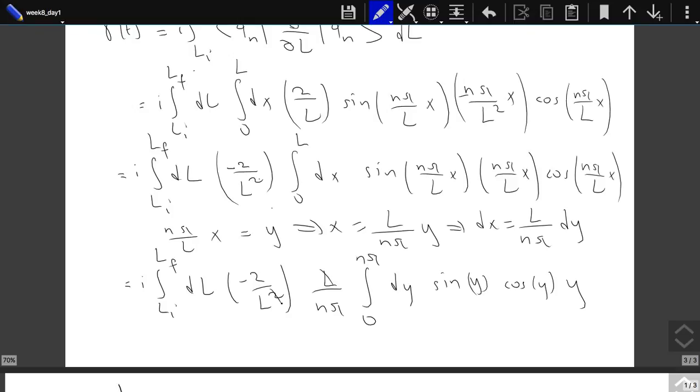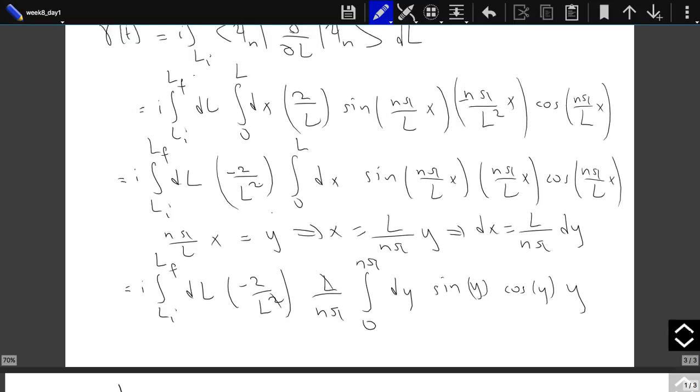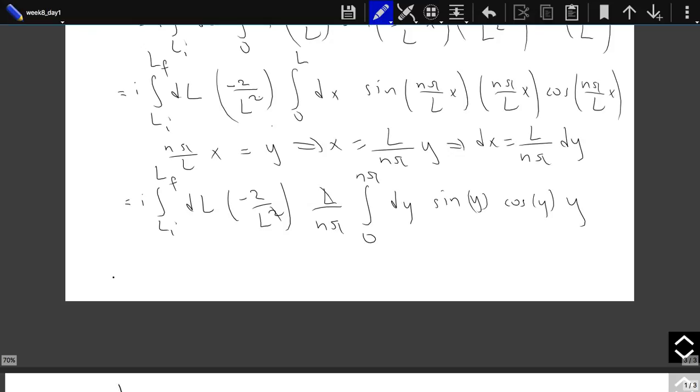Okay, fine. So what's the problem with that? So we can just say that this is minus 2i times the logarithm of L final over L initial times whatever that integral is, 0 to n pi dy sine y cos y y.